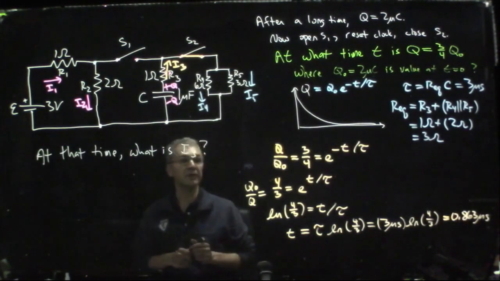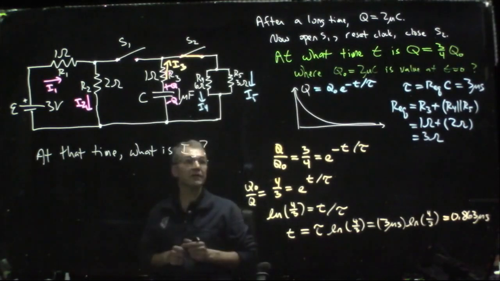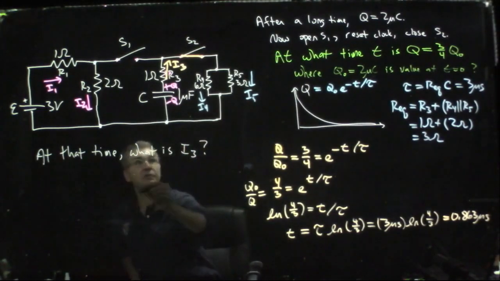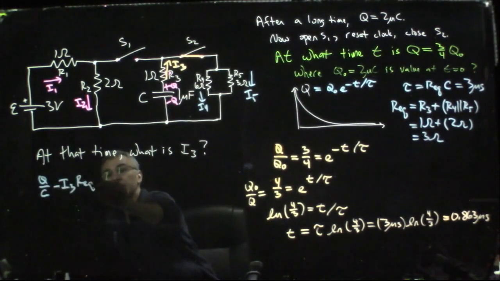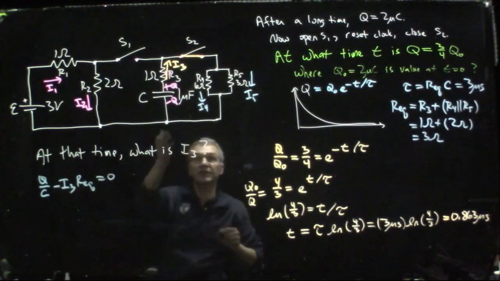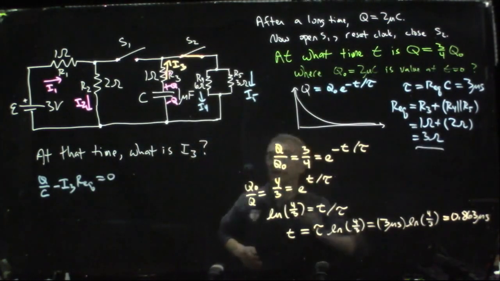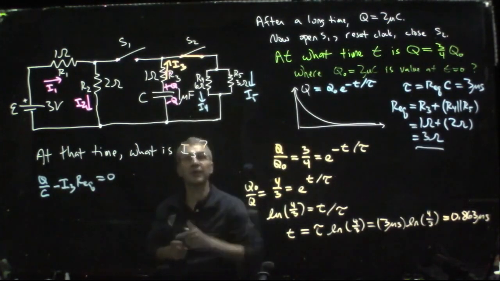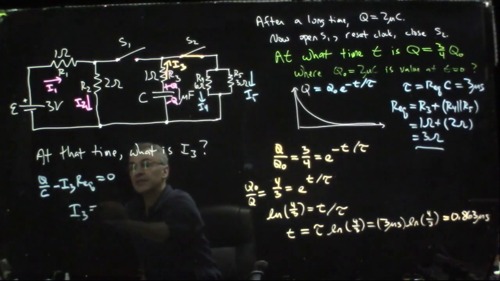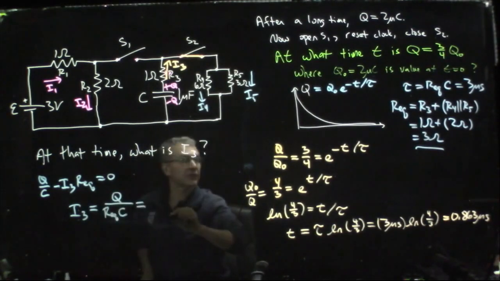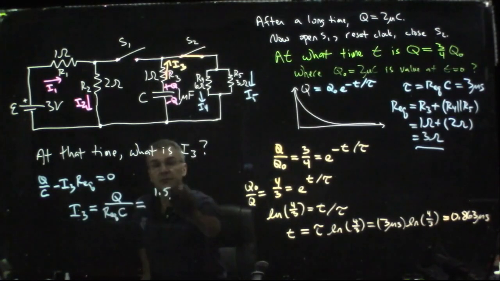As if this problem weren't already long enough. At this time, what is I3? So we can use the loop rule, Q over C minus I3 times R equivalent equals 0. In this case, R equivalent is 3 ohms. It's R3 in series with this parallel combination of R4 and R5. That gives us I3 equals Q over R equivalent C, which is 1.5 microcoulombs.